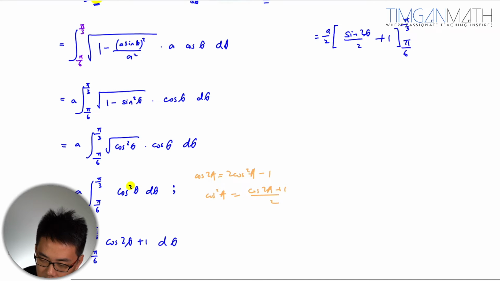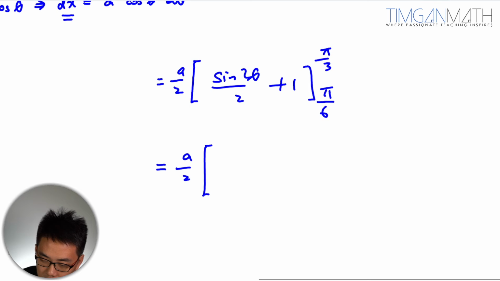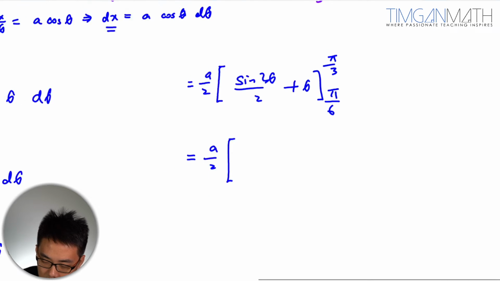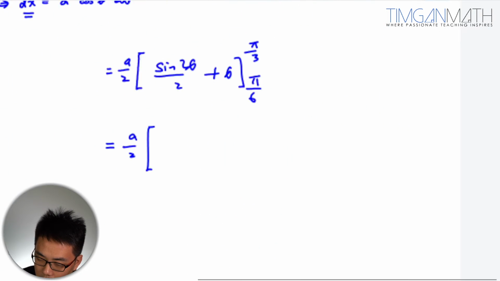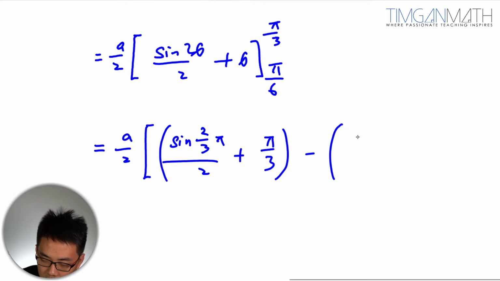Key in calculator. So this is theta, then sine 2 theta: sine of 2 pi over 3 over 2 plus pi over 3, minus sine of pi over 3 over 2 plus pi over 6.